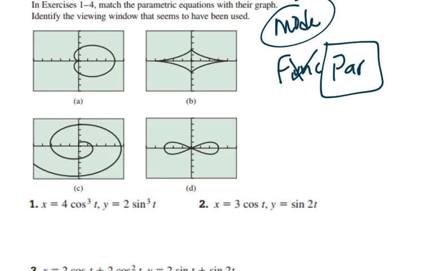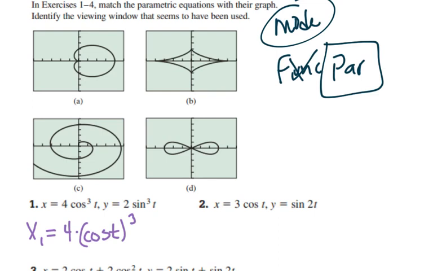to the power of 3, which in most calculators, you're going to have to write 4 times cosine of t, but cosine of t in parentheses to the power of 3, because they don't do the little exponent right after the cosine in your calculator.